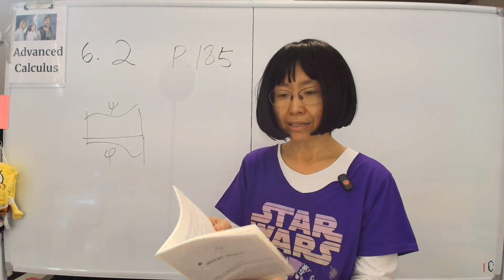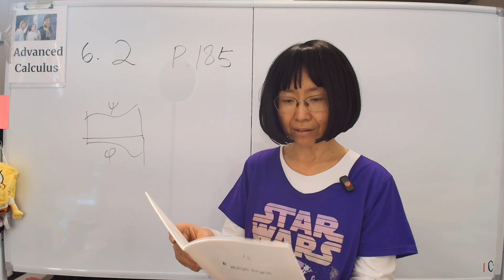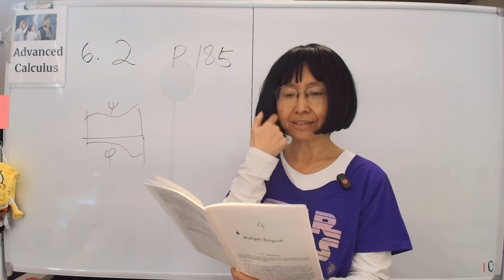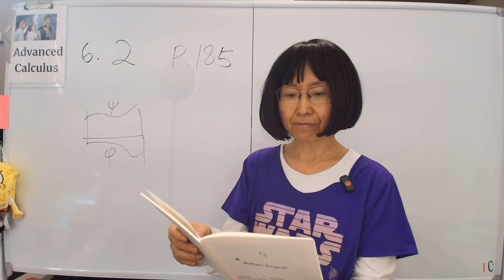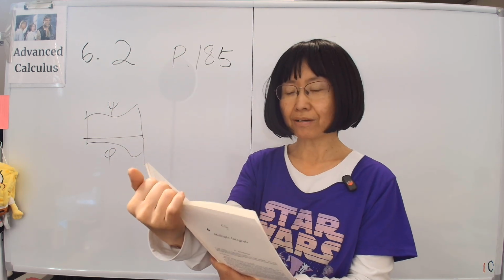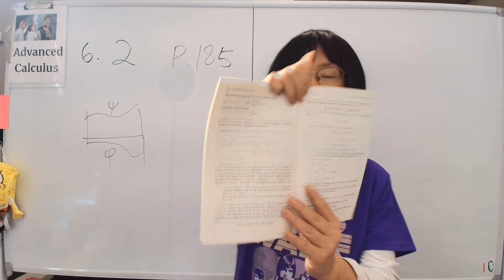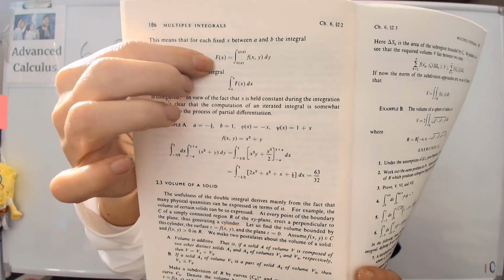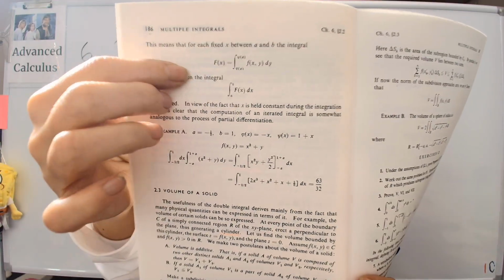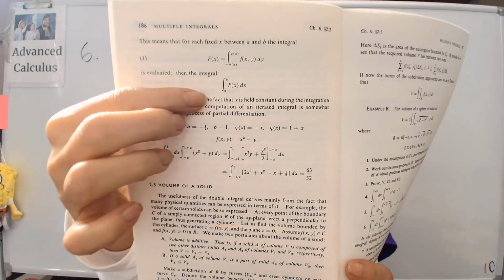So we're integrating over that. Let's go to the next page, page 186. This means that the function F is defined for each x between a and b, and then we calculate this integral. The way we look at it is we fix x, calculate this integral for each x, and then integrate this new function from a to b.